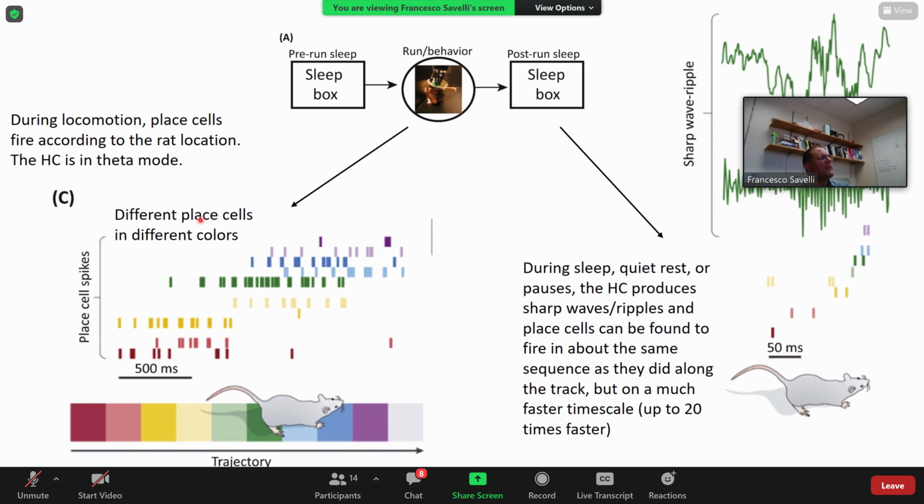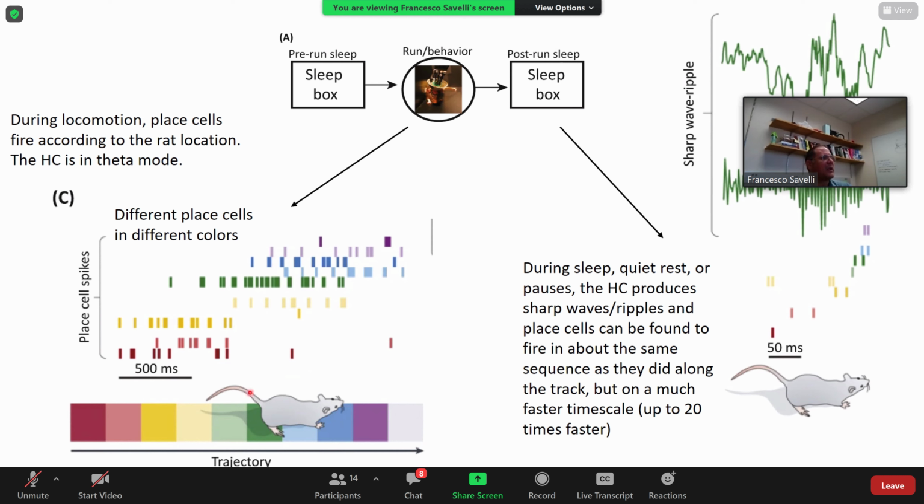So what happens when the animal is doing behavior? Well, we are experts about place cells now, right? As the animal runs through, here we put different colors along the trajectory just to mark the progression.